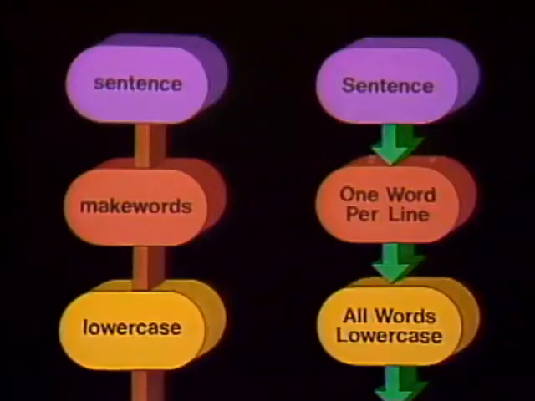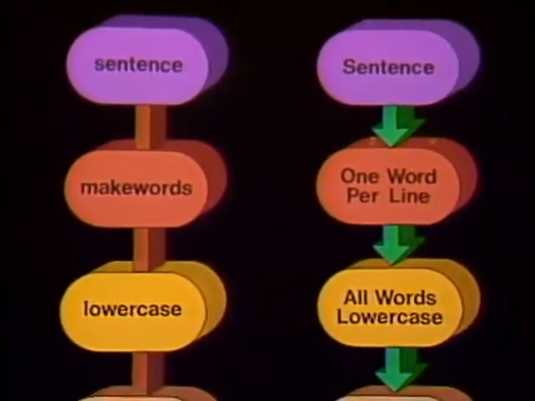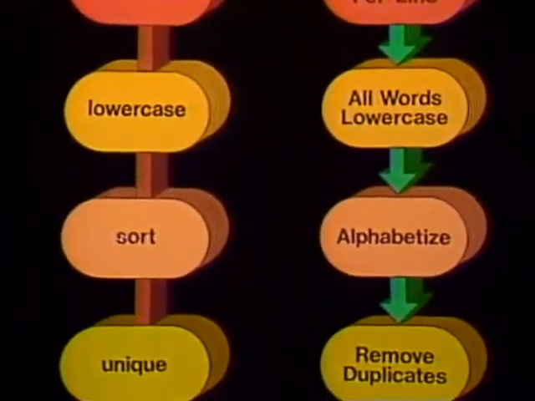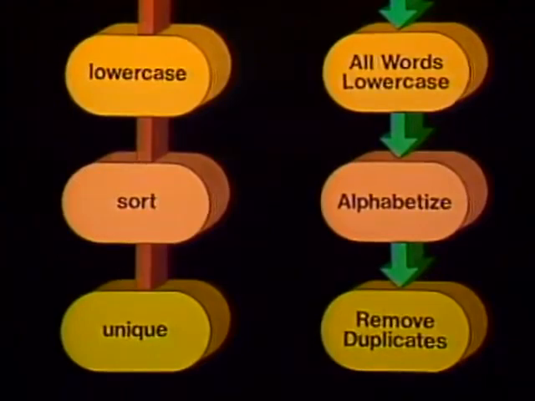Systems appears twice, and in a real document, words like THE would show up many times, so we'd like to get rid of duplicates. So let's throw that through another program called Unique. So what we've got so far is the words of my document, in this case the sentence, one word per line, in lowercase, neatly sorted, and all of the duplicate words thrown away, so there's only one instance of each different word.